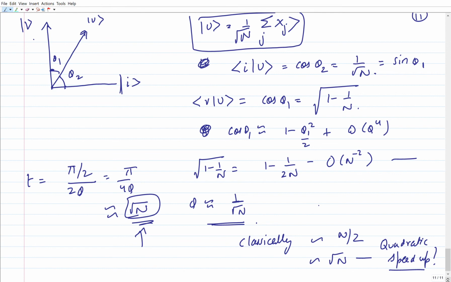There are several interesting consequences of Grover's algorithm. One interesting consequence, of course, is a challenge question. Maybe it's a higher order challenge, but just think about it. Can we do better?